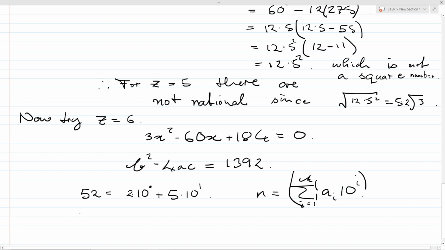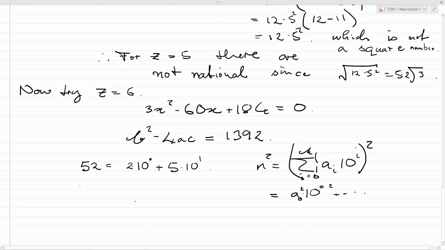Now if we square this, what we get in the unit term, i.e. the number between 0 and 10, is a_0 squared times 10 to the power 0 squared, and that's the only term you get in the unit term. So therefore this has to be a square number, but 2 is not a square number. We don't care about the rest, this individual term here is not square, so the whole number can't be square.